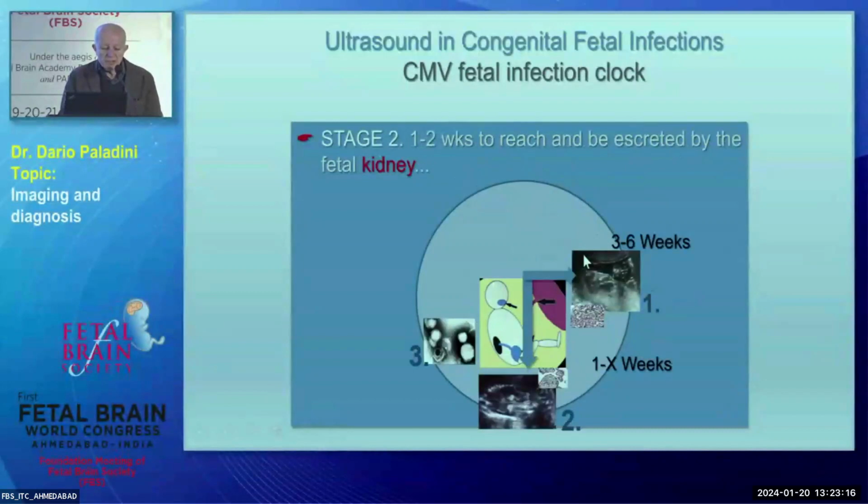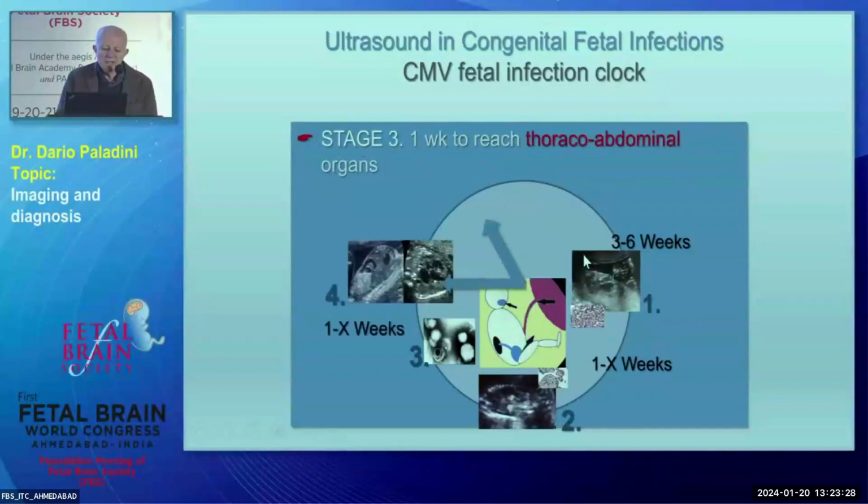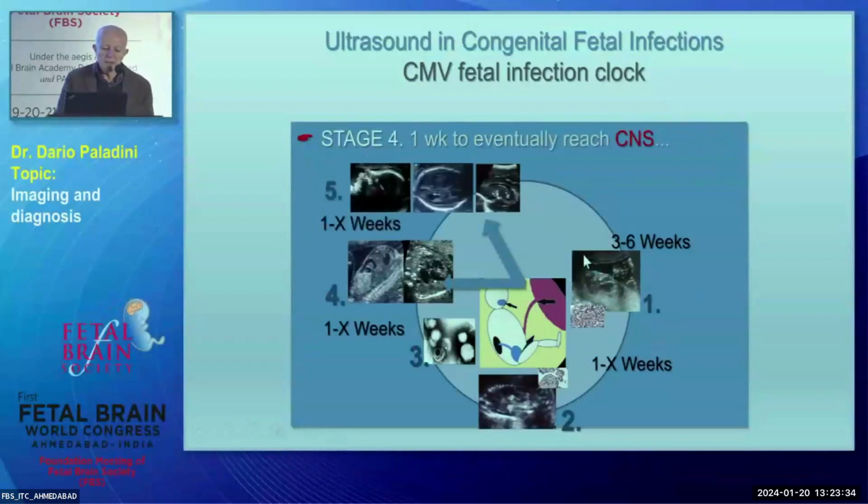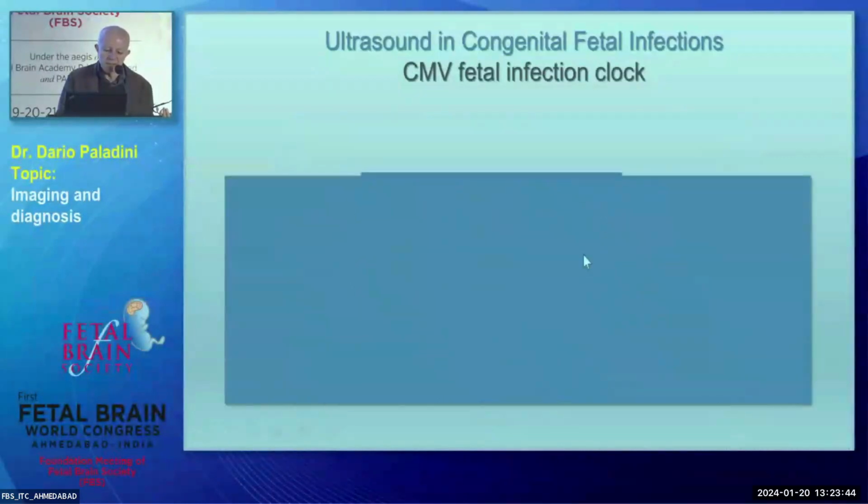From then onwards, it will reach the organs, such as the kidneys, and will be excreted into the urine, and so into the amniotic fluid, and you can pick that up by doing an amniocentesis. From that moment, it will spread to other organs. It takes 1 week more, and eventually it will reach the brain. So to reach the brain, you need 6 to 8 weeks from the original timing of maternal infection.